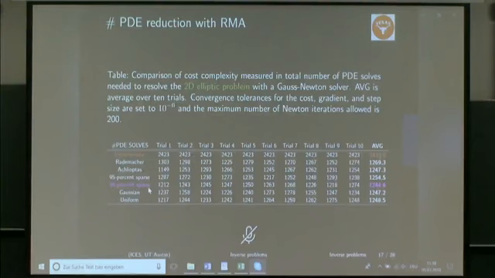So if you do the deterministic way with full data, you need about 2,423 PDE solves, right? And on the lines below the deterministic line are different types of random vectors R, remember, and all of these satisfy the fact that the mean is 0 and the covariance is identity.